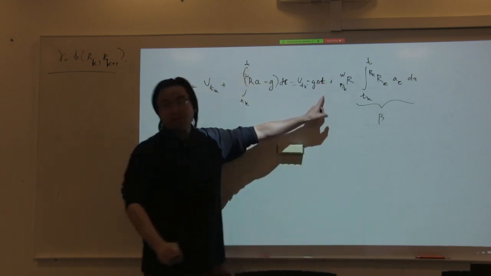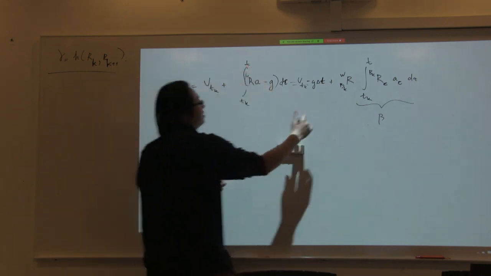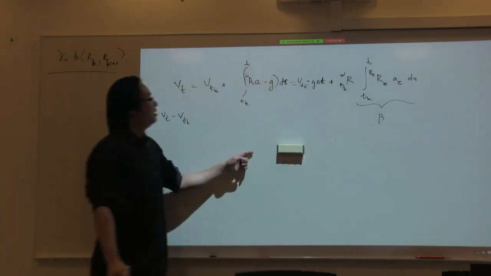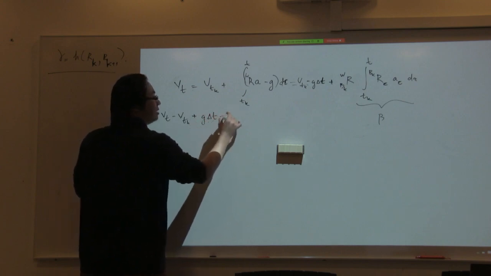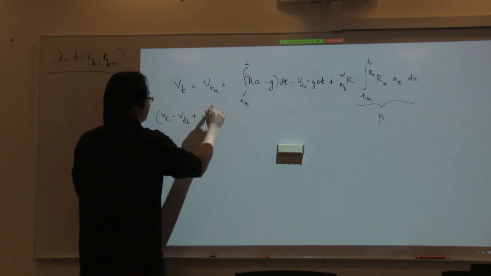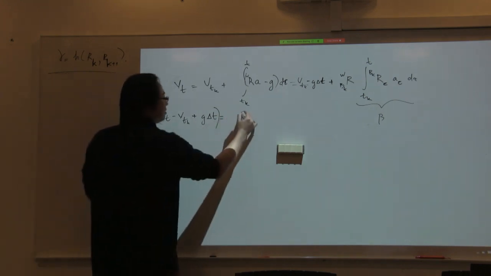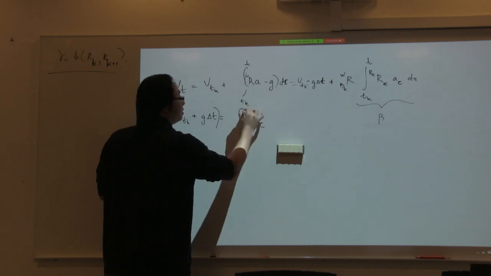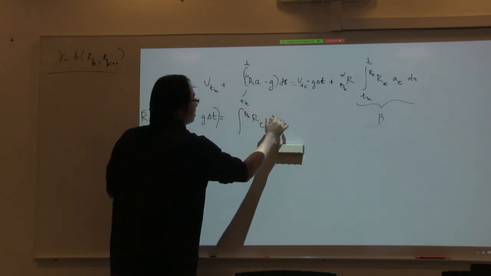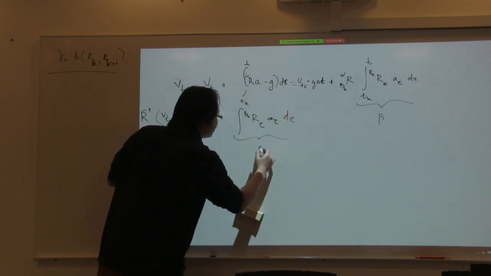This is the sample time value, the delta sample. So plus g delta t equals that integration of R. So this one is our beta.